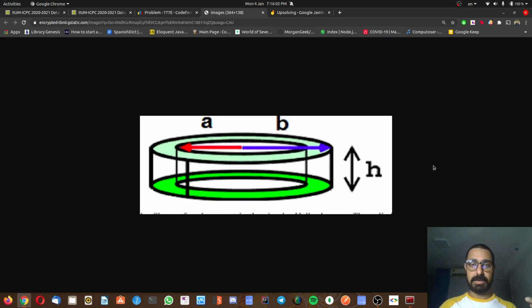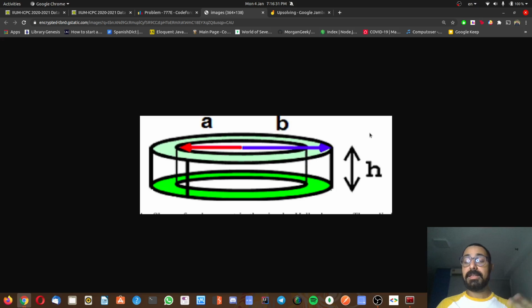If we look at this picture, this is how the structure looks. We have this shape with some inner radius and then some outer radius, and this is the height. To place another object like this on top of this object, the outer radius b of the new object on the top should be less than or equal to this b, so that it will not be outside.